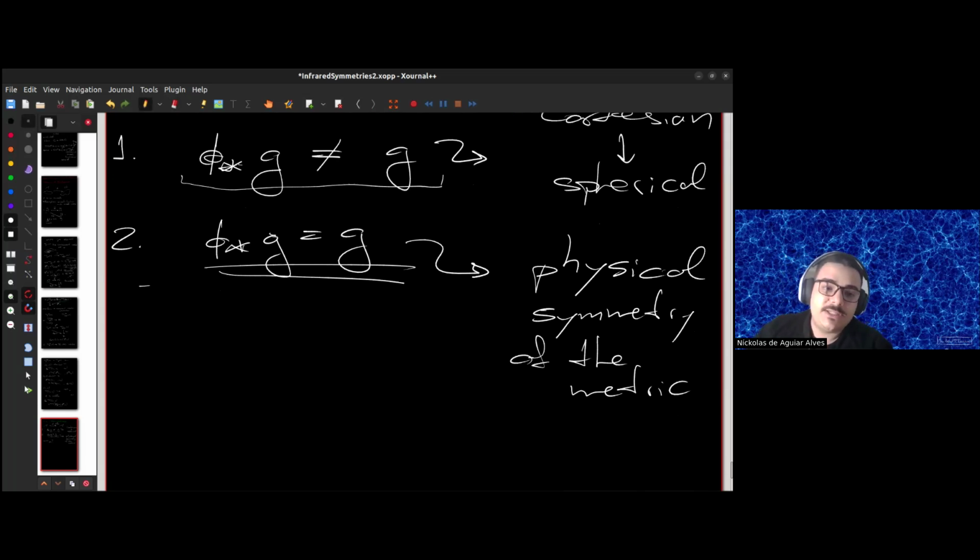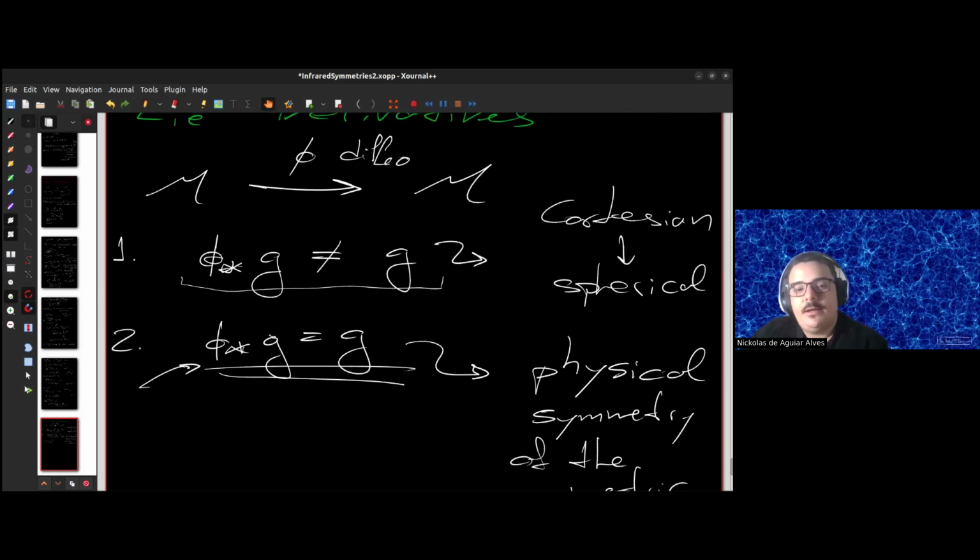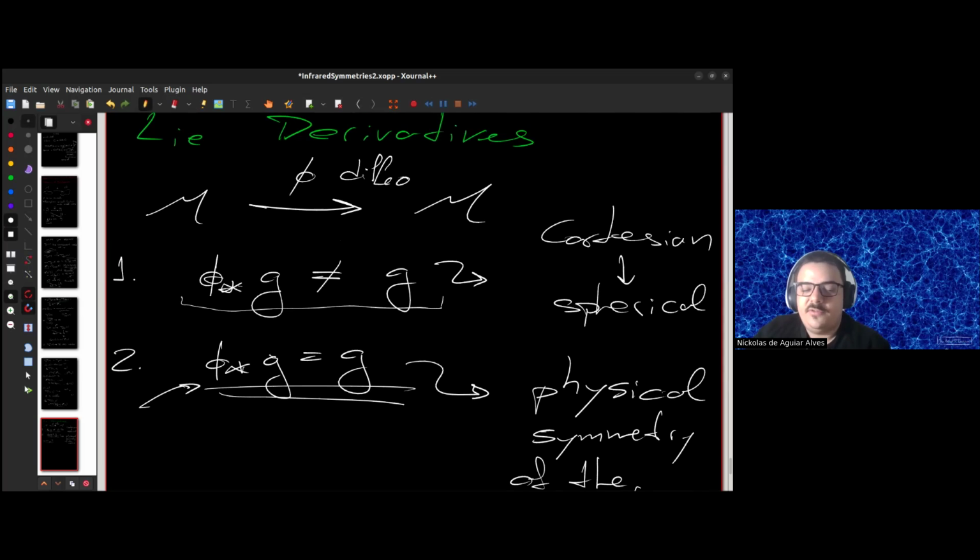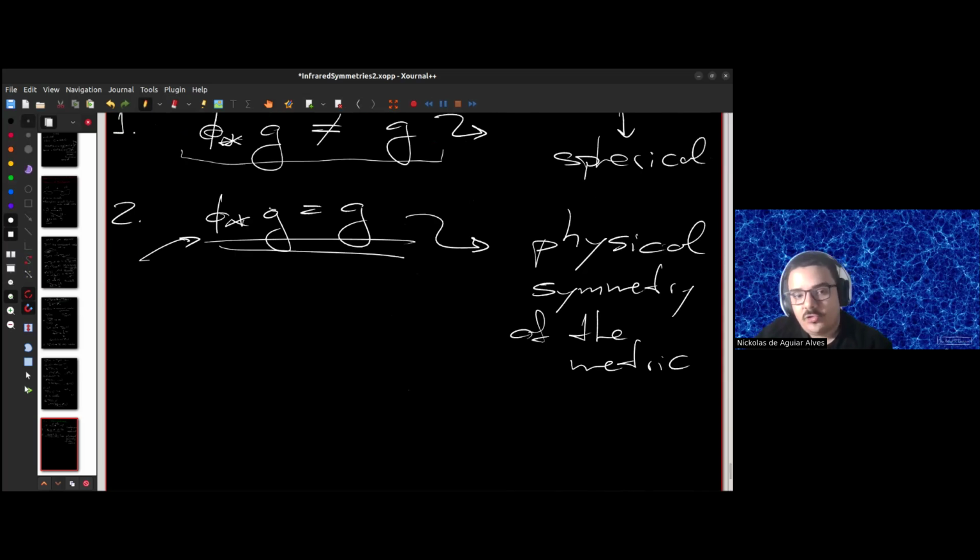But now we're saying that your transformation not only preserves the differential structure, not only preserves the background space-time, it also preserves the metric. This is what we call an isometry. And this is a physical symmetry of the metric. So this is what we mean when we say that the space-time is symmetric under some transformation.